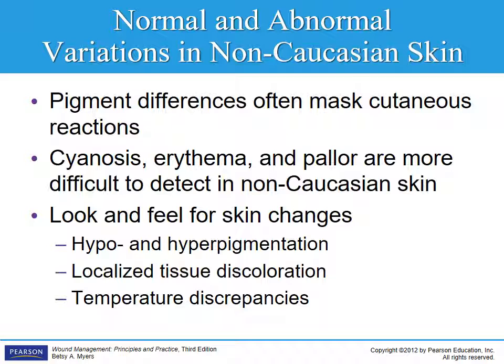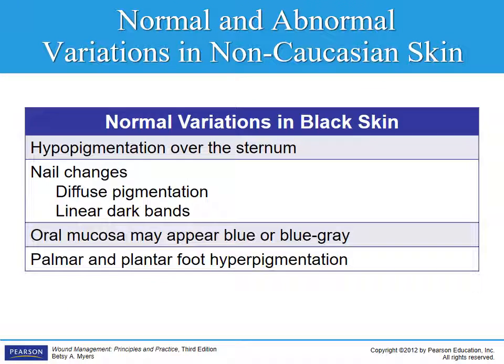They're more difficult to detect, but as it says here, you want to look and feel for skin changes. So you want to look for a dusky kind of change in skin color. You want to look for temperature discrepancies. You want to look for the firmness of the skin. All these things can help you to see when there's variations in non-Caucasian skin.